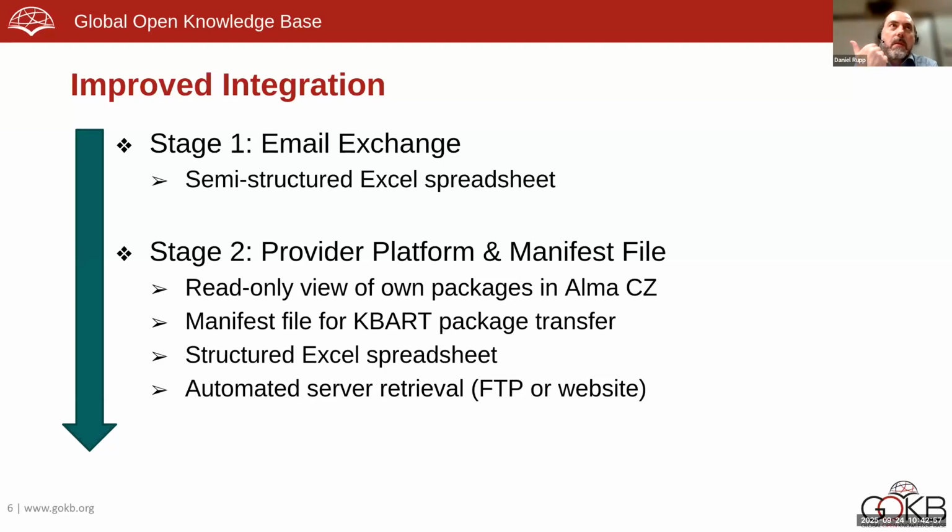So they see the changes in new collections and new packages, and whether a new package has been added and should be transferred to the Alma community zone. Now you can have a look at the spreadsheet itself.